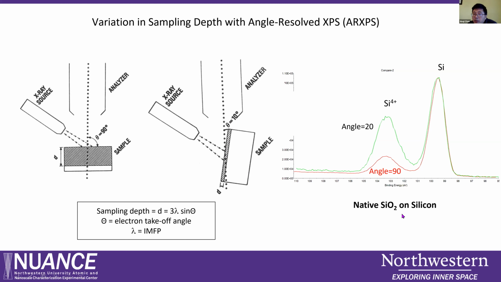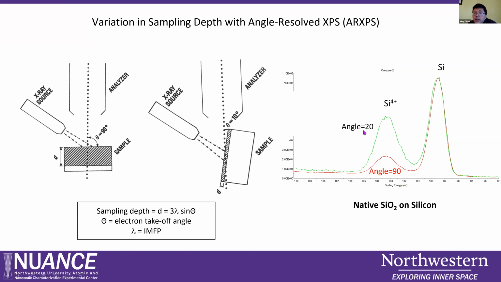Here is the example. I use a native oxide layer on silicon. This native oxide layer is only 2-3 nanometers. If I take the angle at 90 degrees, you see this is SiO2 and this is silicon, and the contribution from this layer is less.